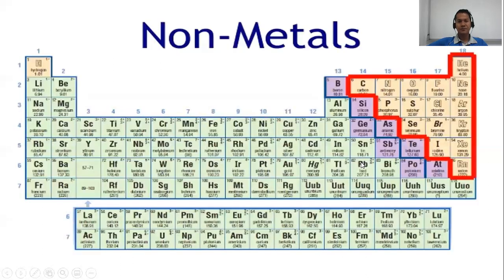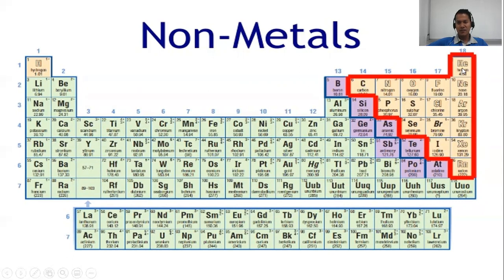Once again, let's go back to the periodic table of elements. Since we are dealing with covalent bonds, we will set this all aside. The metals and the metalloids will be set aside, but we are going to deal with non-metals, all of this, except noble gases.